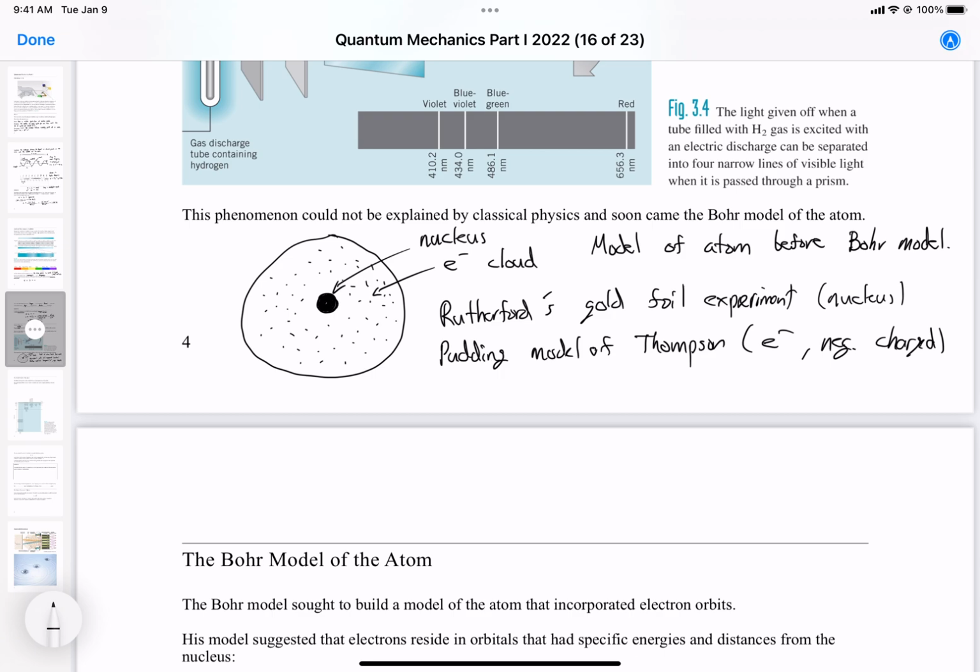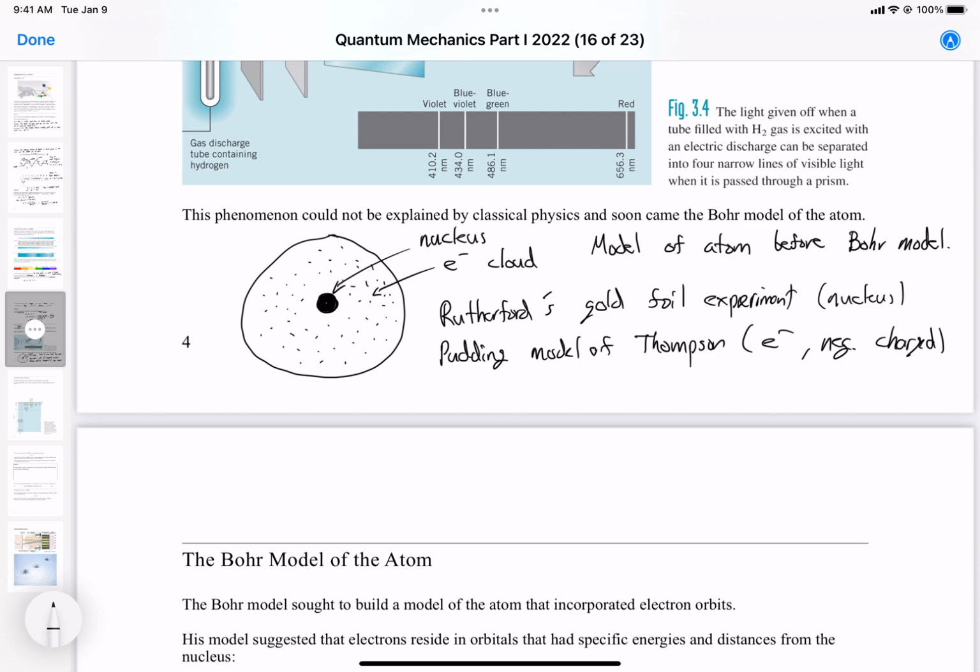Because in Rutherford's experiments, he noticed that most of the particles that he shot through the gold atoms passed through, because the atom was mostly empty space. And what happened?